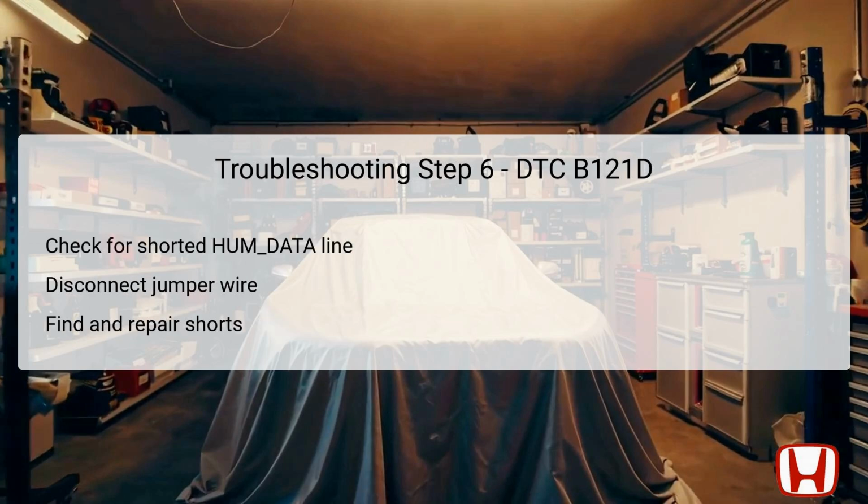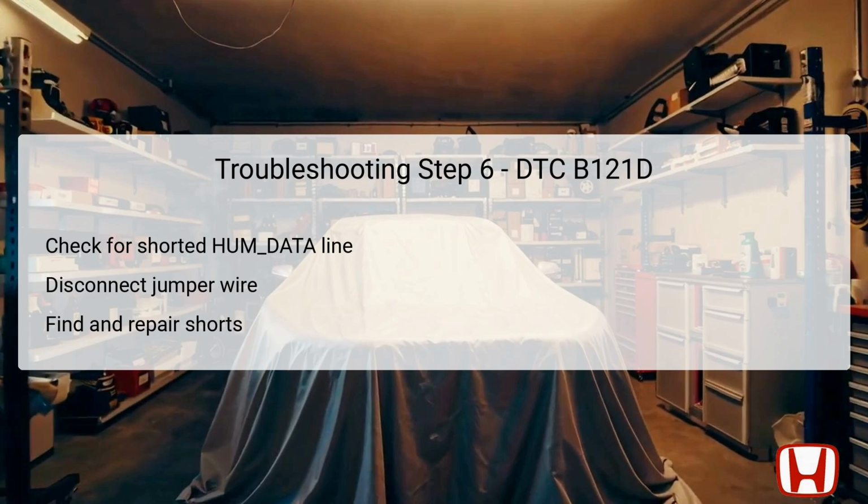For the 6th troubleshooting step, the focus shifts to identifying potential shorts in the hum data line, which have been tested previously. Begin by removing the jumper wire used in step 4. Next, check for continuity between climate control unit connector number 22, yellow, and body ground.